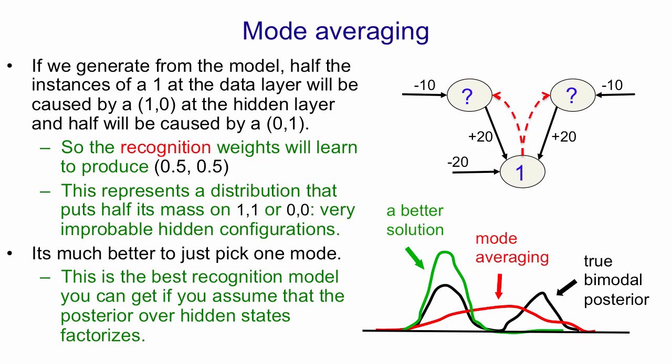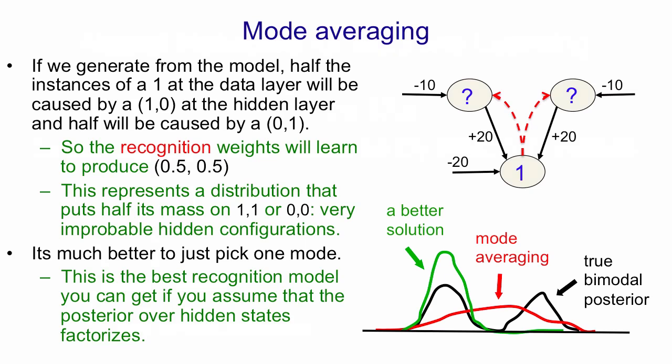So even though the hidden configurations we're dealing with are best represented as the corners of a square, I'll actually show it as if it was a one-dimensional continuous value. And the true posterior is bimodal. It's focused on 1, 0 or 0, 1. That's shown in black. The approximation we'll learn, if we use the sleep phase of the wake-sleep algorithm, is the red curve, which gives all 4 states of the hidden units equal probability.